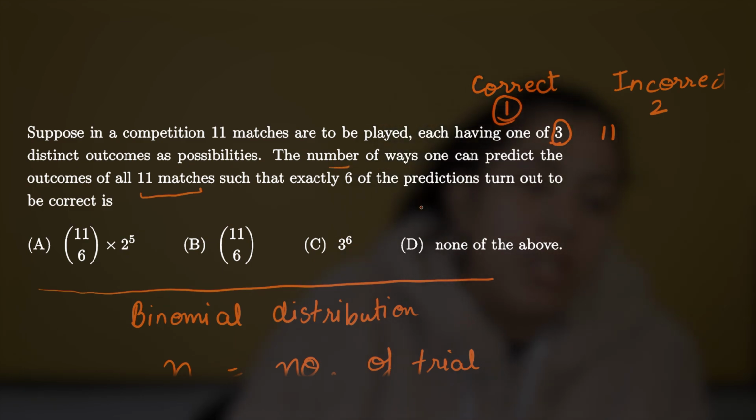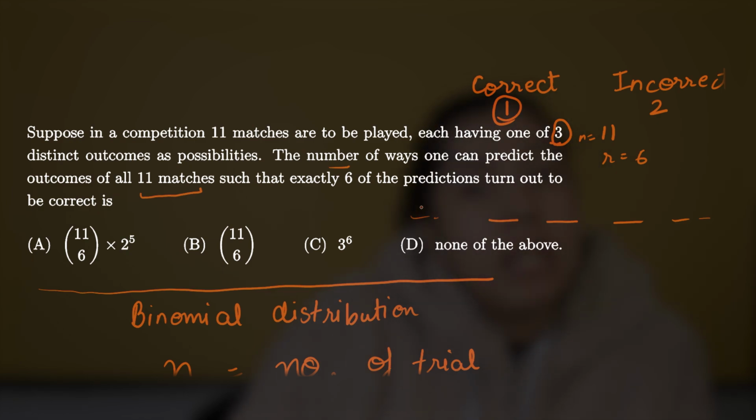So out of 11 matches, we have to predict 6 correctly, that is n is equal to 11 and R is equal to 6. And in those 6 places, we have to predict it correctly, so that is just 1 way.